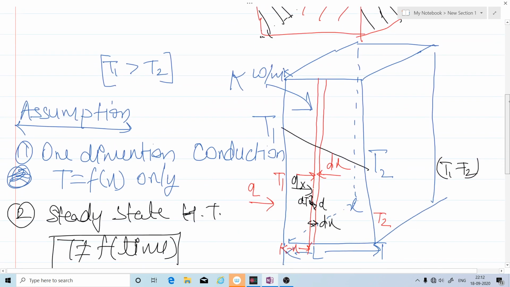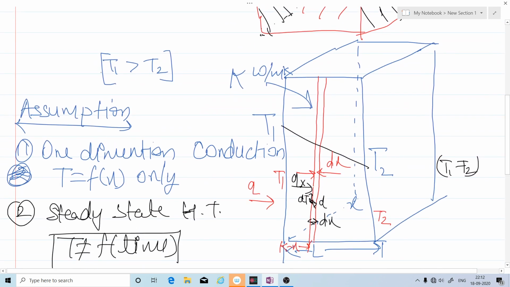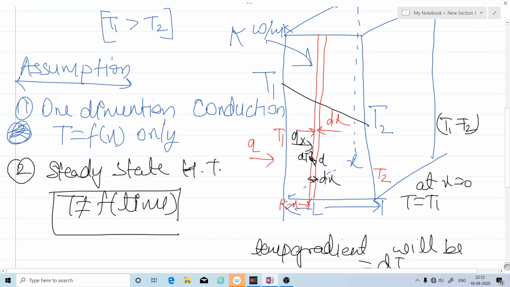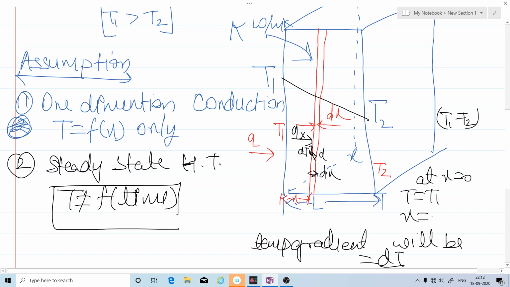One thing we need to understand, that during the analysis of the slab, x is the variation of length. At x equals 0, that is on the left face, temperature is T1, and at x equals L, that is on the right face, temperature is T2.